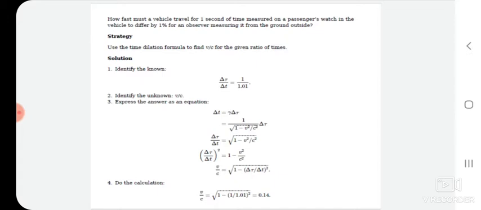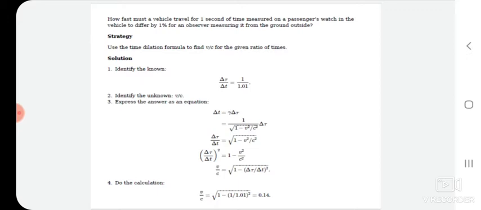The known quantities are delta t, or delta small t, which is our t prime, and delta capital T, which is our t naught, a proper time.